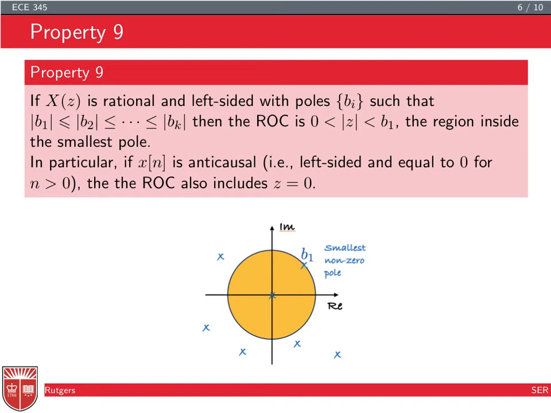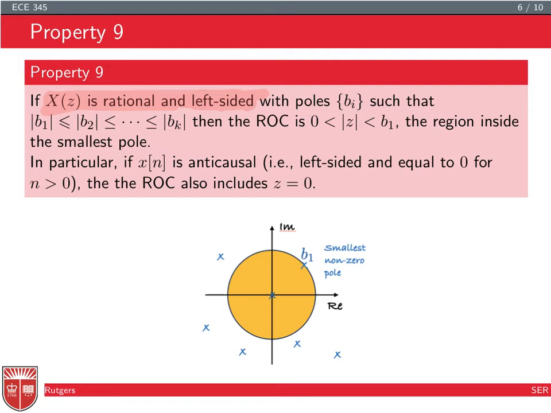Property 9 is about the other case, when the signal is left-sided. So this is really important. So the signal is left-sided and X(z) is rational. Then in this case, we do the same thing. We have our z plane and we plot all the poles, and the ROC is going to be the interior of the circle going through the pole that has the smallest non-zero magnitude.